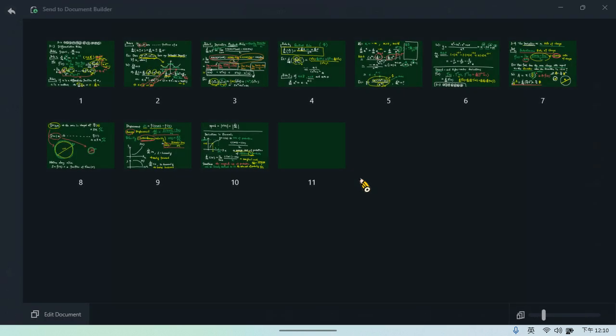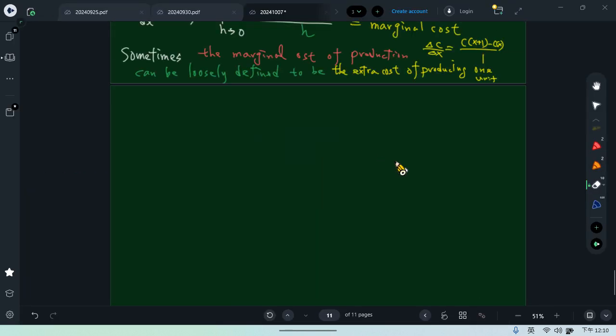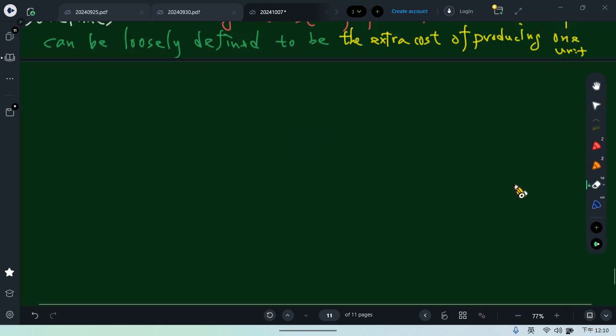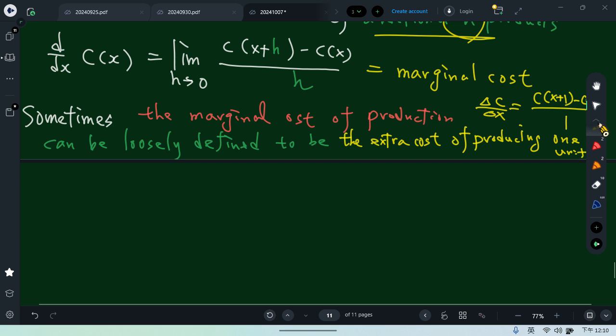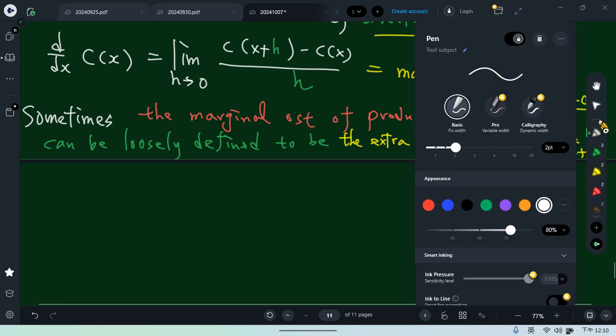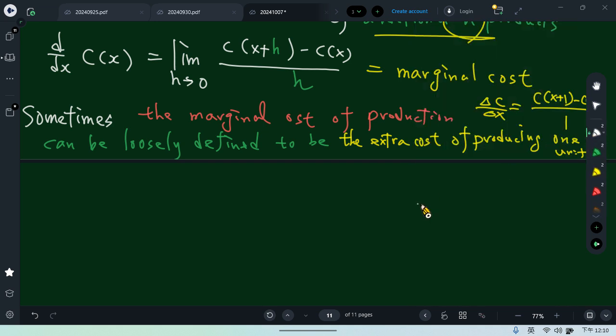Okay, maybe let me spend one additional minute to tell you the idea. The idea is very simple, so please allow me to give you one additional idea: the sensitivity.